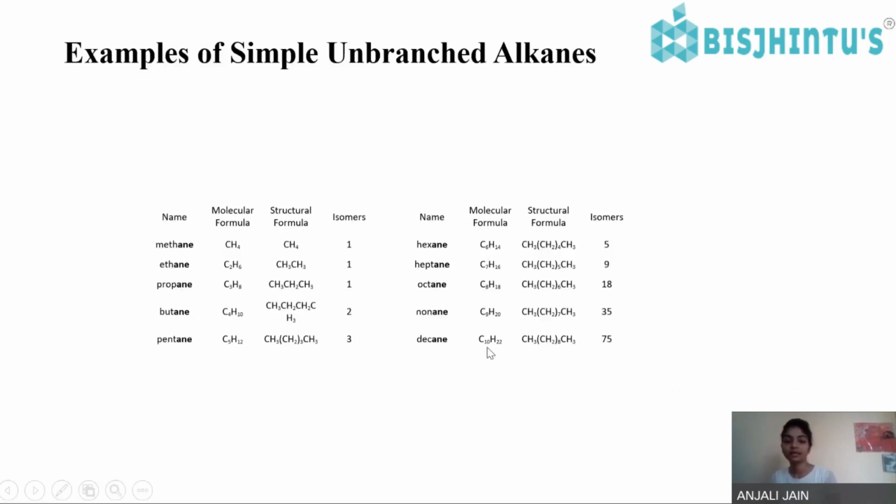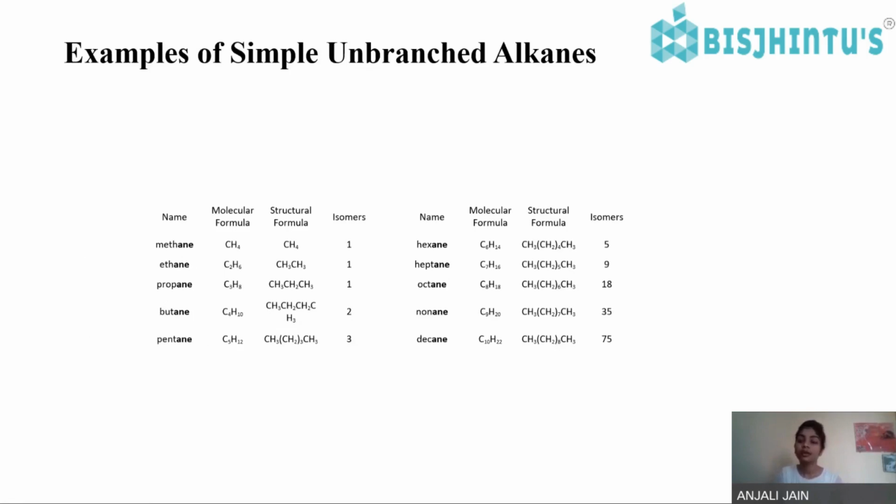So CnH2n+2 is the basic formula for determining the carbon and hydrogen count in an alkane. Like over here, if I apply it to methane, n will be 1, so 2 into 1 plus 2 will be 4.